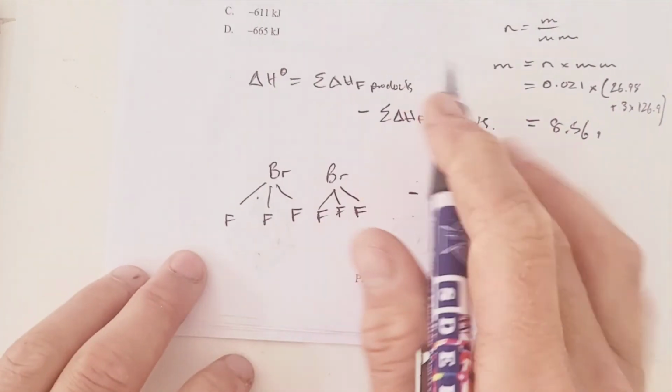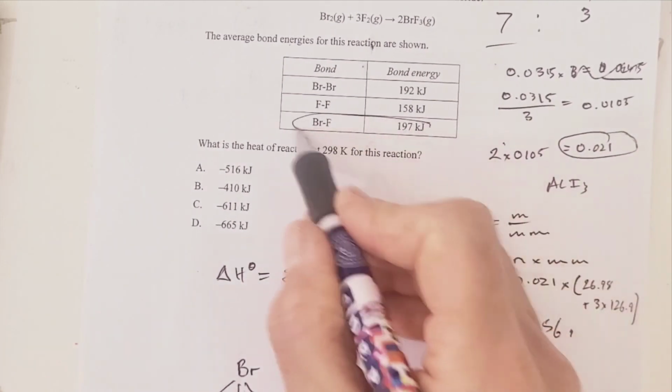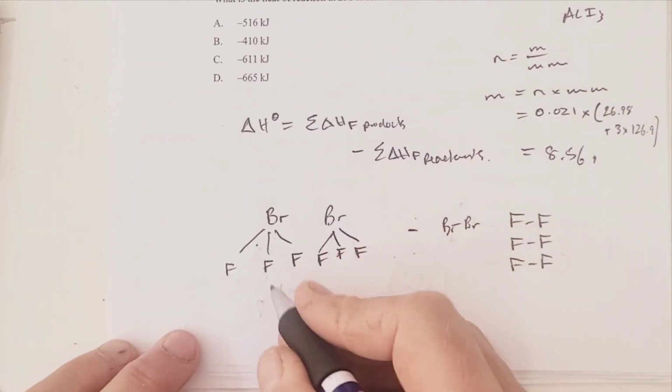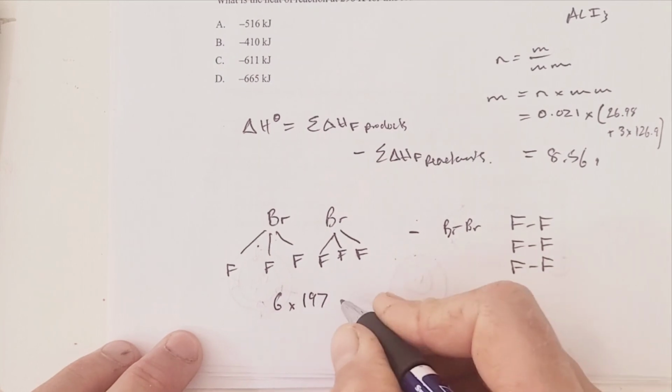Okay, so if we have a look at the types of bonds here, 6 times 197.